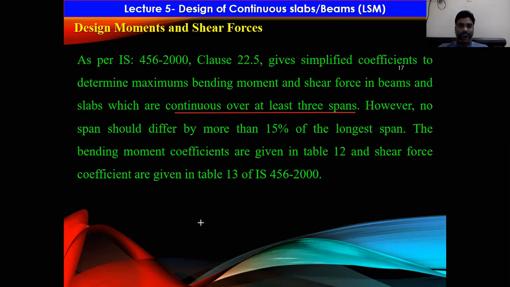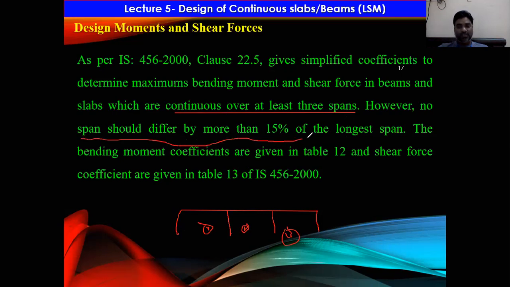That means this is the first span, second and third. So minimum 3 spans are required, right? And one more important thing is, no span should differ by more than 15% of the longest span.